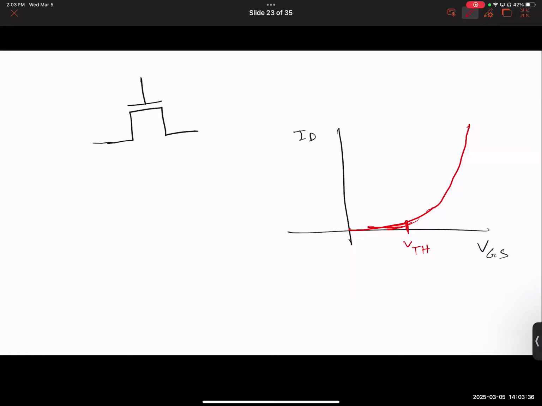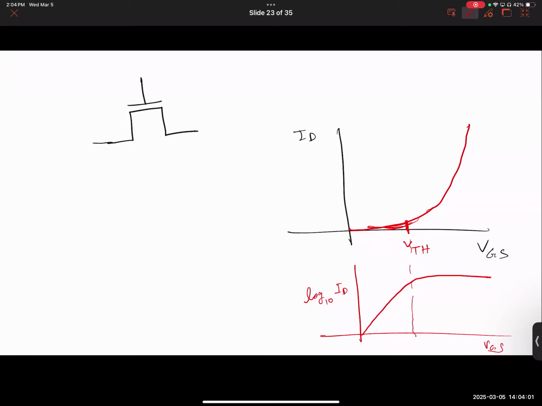All good? In log scale, we discussed this before. If you plot log10 ID versus VGS, up to the threshold voltage you have a rapid rise, and then it stabilizes, almost saturates. This is how it looks. So get used to both types of representations.